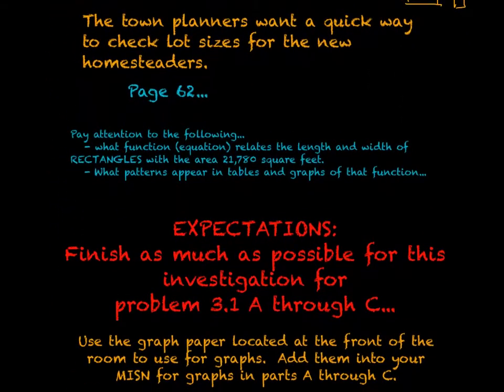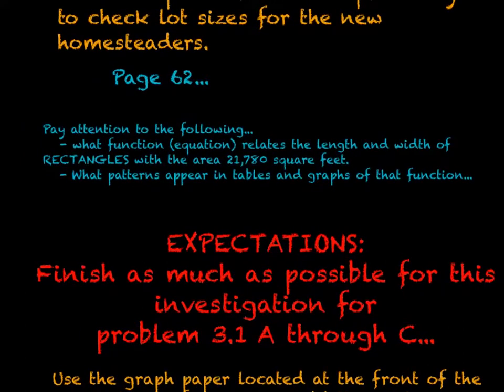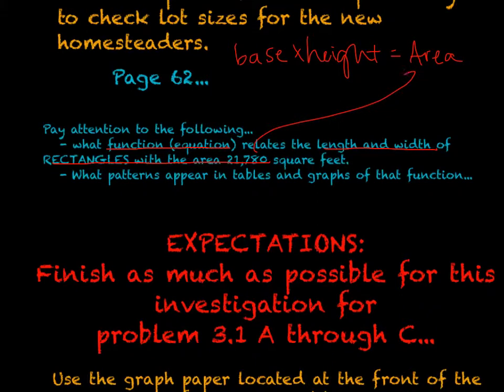So on page 62, I want you to pay attention to the following. What function or equation relates the length and width of rectangles with the area of 21,780 square feet? So if we know rectangles are base times height, and that equals area, instead of just writing area, we're going to be writing 21,780.